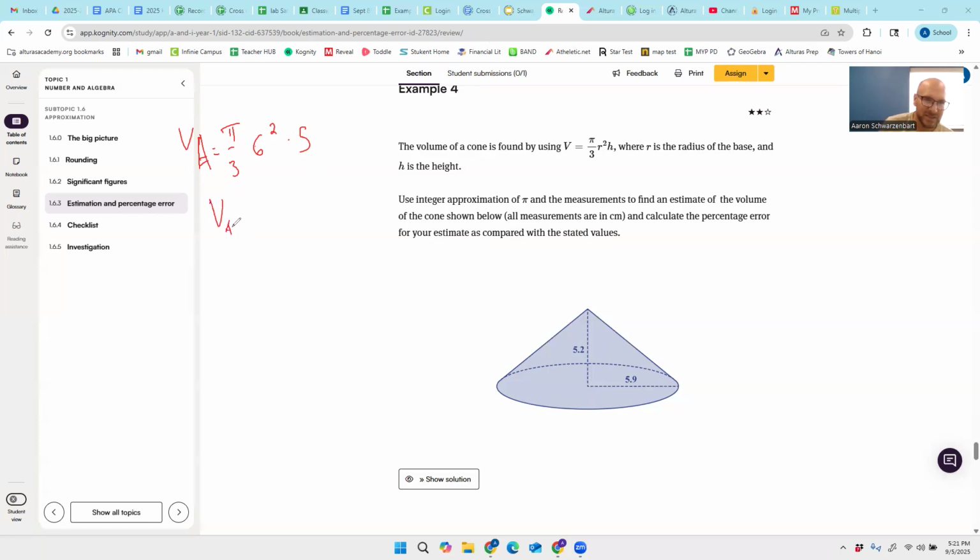V sub A equals 60 pi. V sub E, again, I'm going to have to use a calculator to get this. Times 5.2.